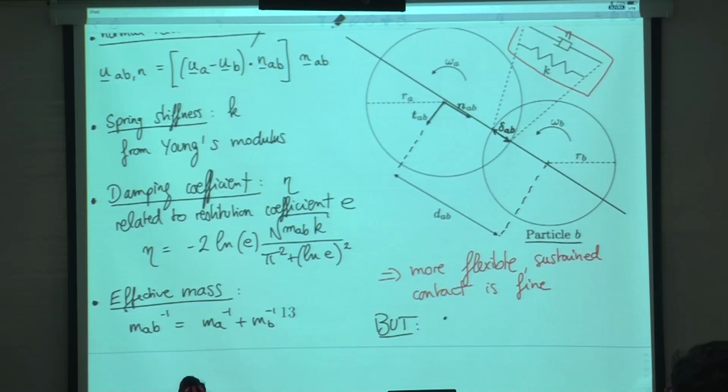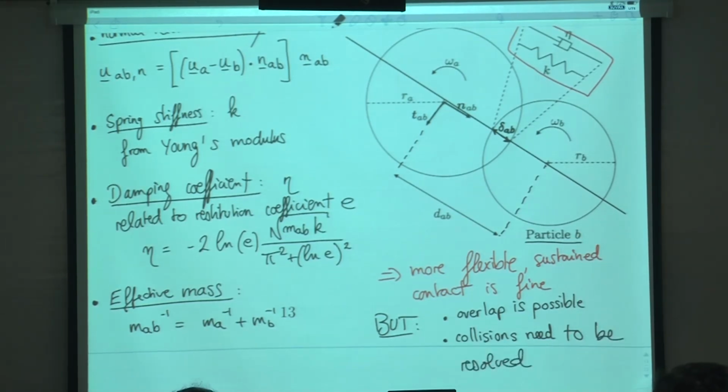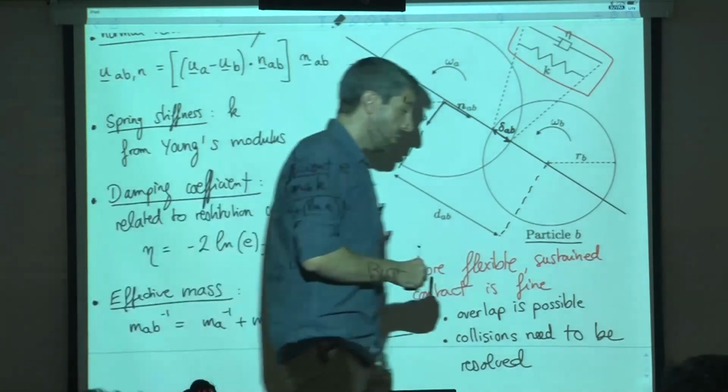The main point I want to make is overlap is a necessity, which is not a particularly good model of the real physics. And collisions are going to need to be resolved in time.